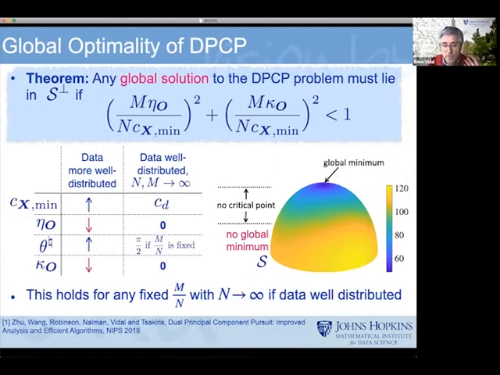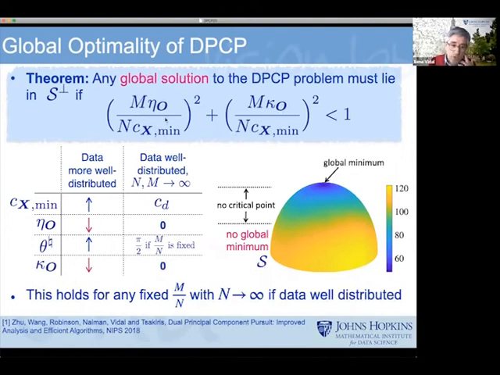So I want that ratio to be smaller than something. Intuitively that makes sense, because I want the number of outliers not to be that large. The Cx min shows up at the bottom, and remember that it's larger when the data is better distributed. So the better distributed the data, the easier to satisfy the theorem.